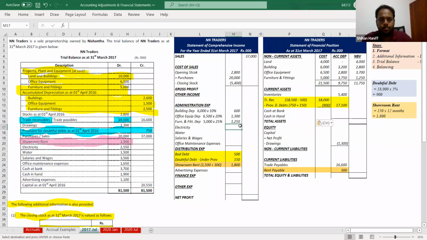Okay. So it's complete. Electricity 2,550, water 1,500, salaries 3,500, maintenance 1,650, advertising 1,100, cash at bank 3,700, cash in hand 1,900, capital 20,550.